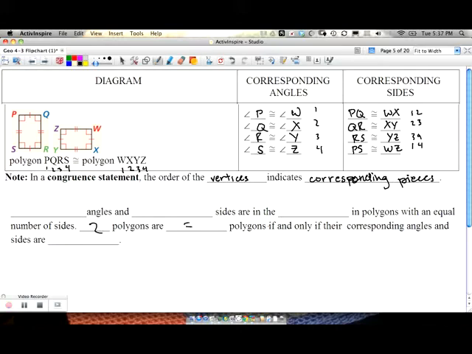The two polygons are congruent polygons if and only if their corresponding angles are congruent. We know that congruent angles and congruent sides are the corresponding parts in polygons with an equal number of sides.